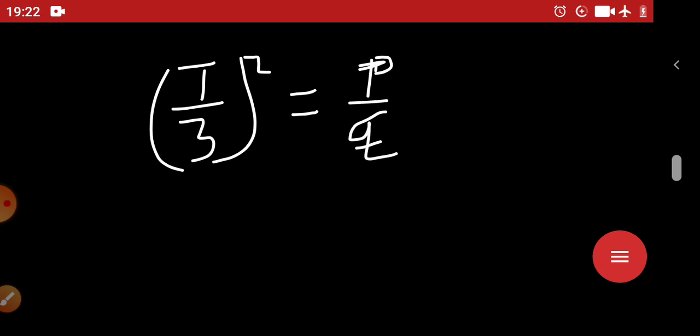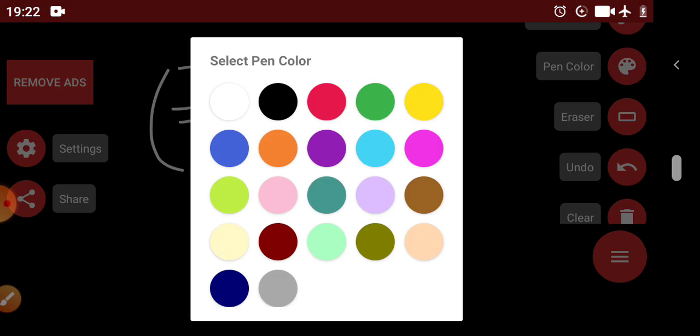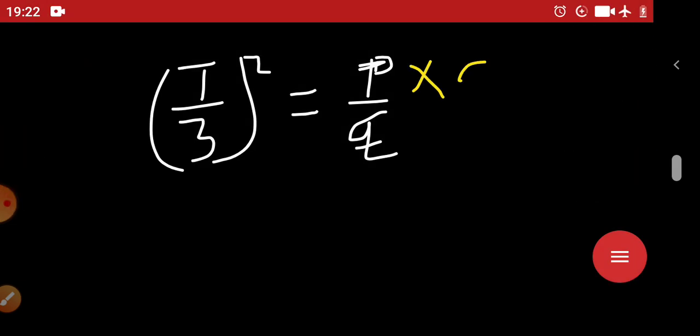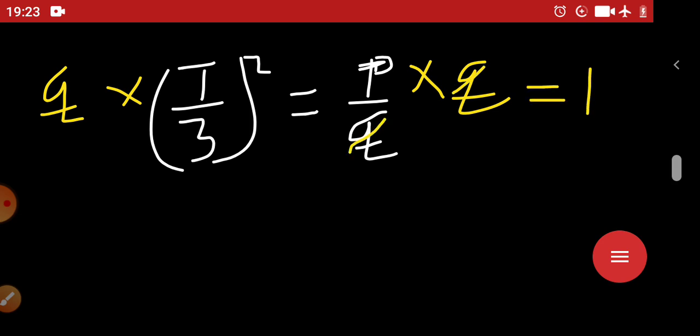So we are required to make what? We are required to make p the subject of the formula. So we will do that by dividing by q both sides, removing the denominator, so that the right hand side we have the p only.